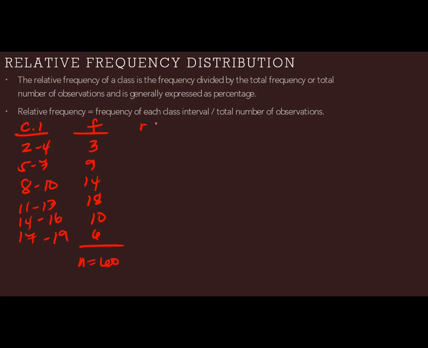So again, we can obtain our relative frequency distribution by dividing the frequency of its class interval by the total number of observations. So we have here our calculator.